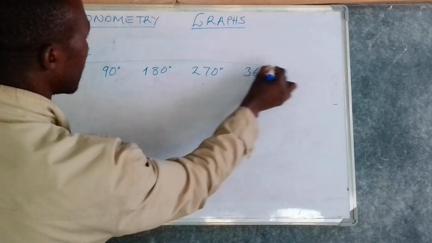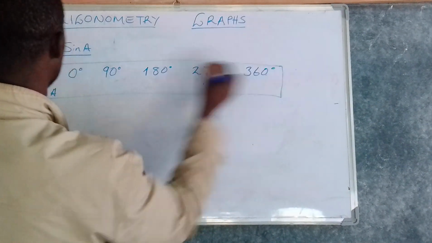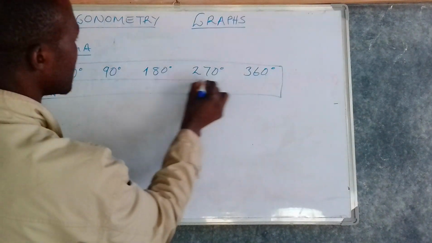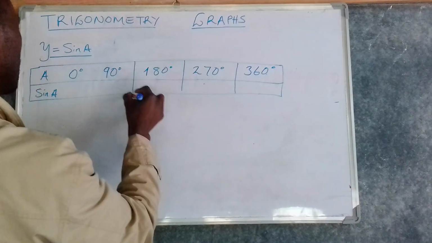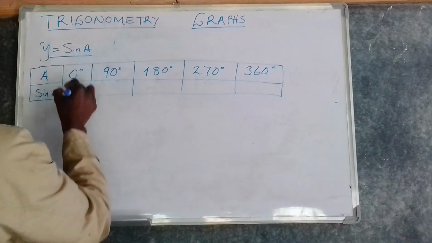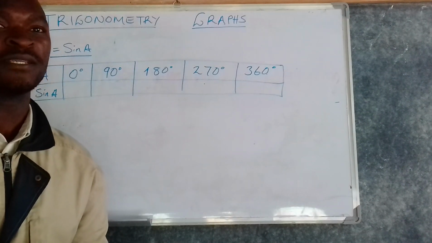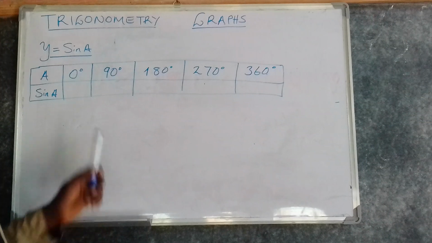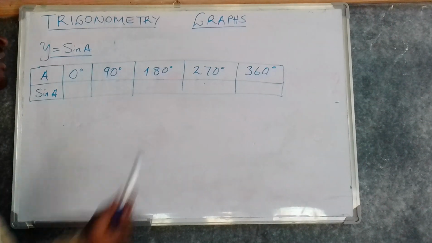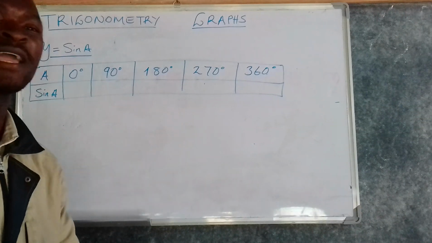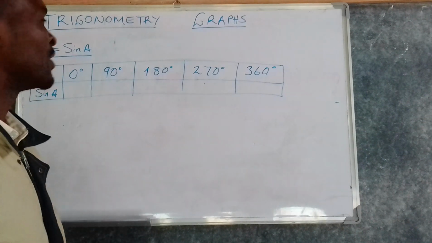Draw it like this. Then, with your scientific calculators, we are going to start finding what is sine 0, sine 90, sine 180, sine 270, and sine 360 degrees. This is what we are going to do today.